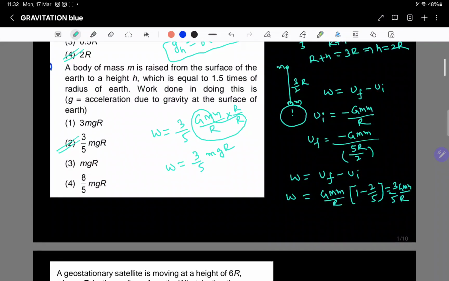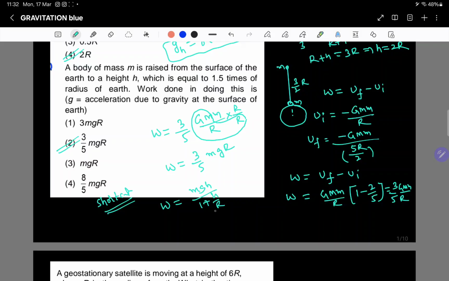Students, if you feel it is lengthy, for this there is a shortcut. If you want, just remember the formula shortcut. In these cases, what is the work done? Work done W equals mgh by 1 plus h by r, where h is the height from the surface, students, and h equals 3 by 2 into r.